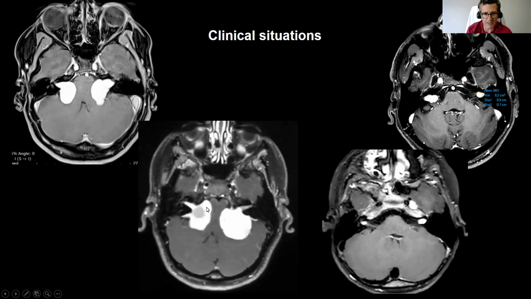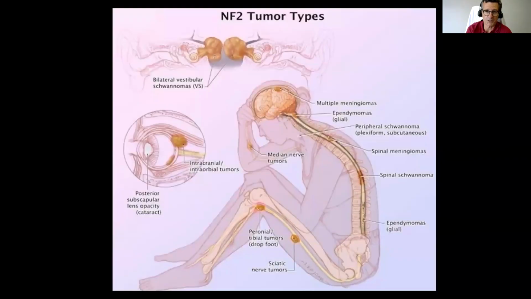It can be discovered, like in this example, with a brainstem compression, and the patient can have difficulty to walk, balance difficulty, hearing difficulty. So it's why it's so difficult to give a flow chart for vestibular schwannoma treatment. It's because you can face such difficult situations.